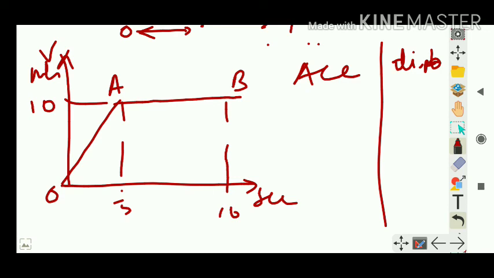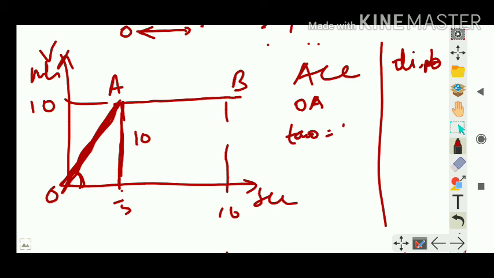So first of all, you have to split. So acceleration for OA segment. This is the OA segment. Acceleration means slope of velocity time graph. That means I am supposed to find this slope. So what is this? Tan theta is equal to this segment, how much is the height? 10.